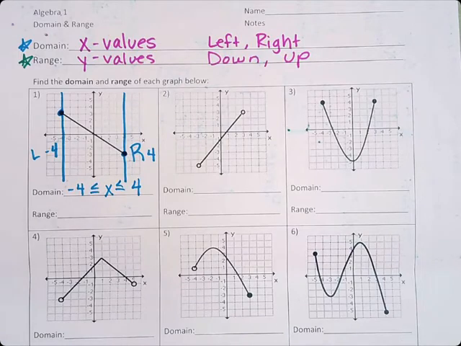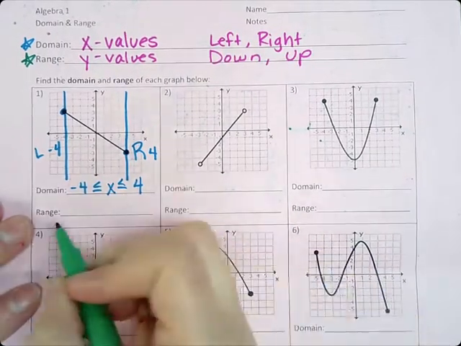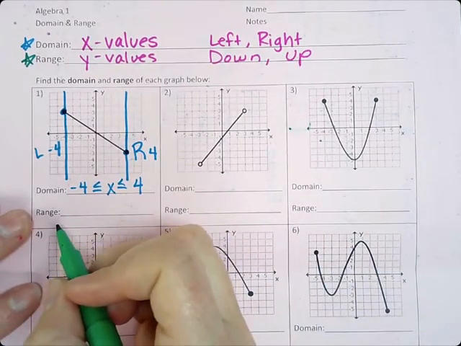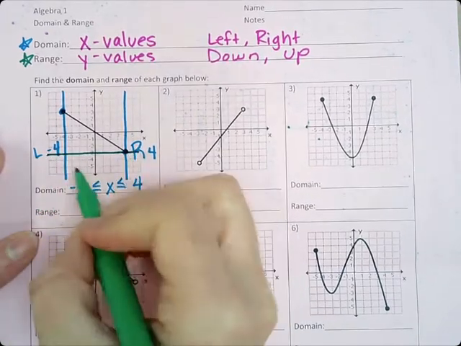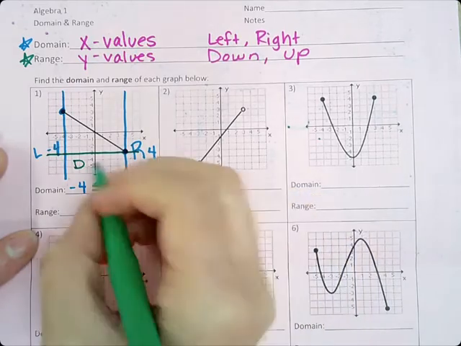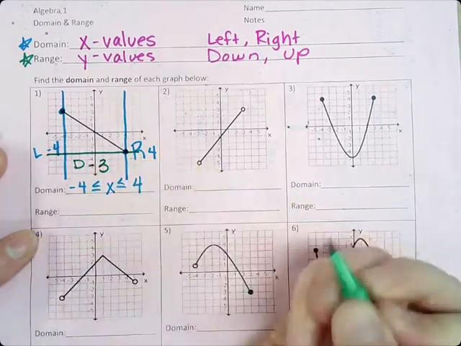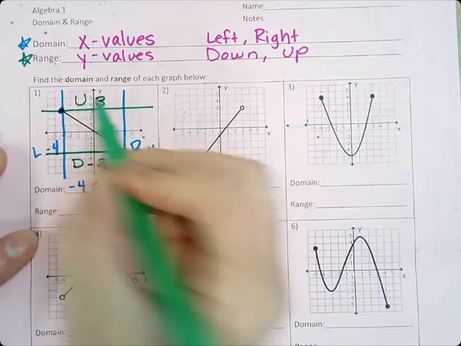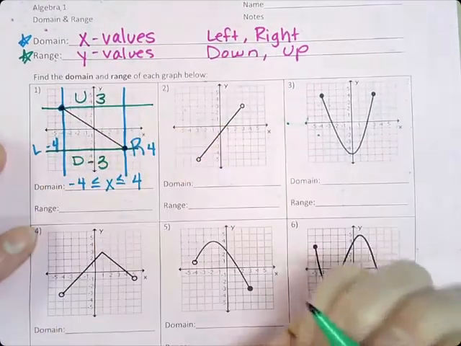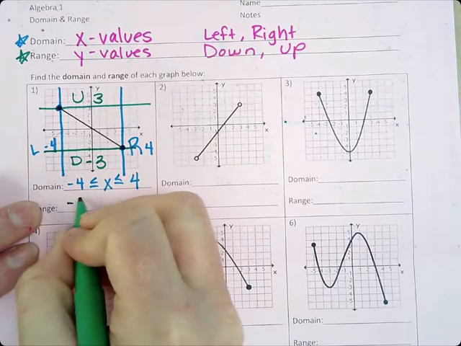Okay, now let's do how far down to how far up. How far down? -3. How far up? So this will be -3.